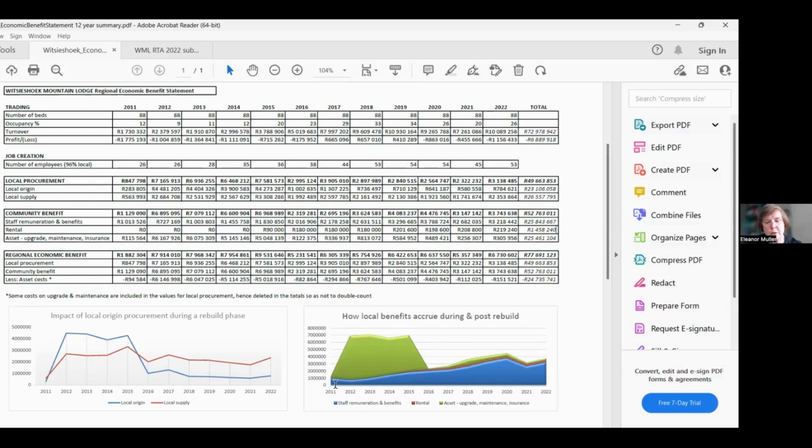But what you see if you look longitudinally at this data from 2011 all the way to 2022 is that the real benefit ultimately is going to be in local employment. Our local employment at Witsieshoek, I think, is at 96% locals, and we want to have it up at 100%.